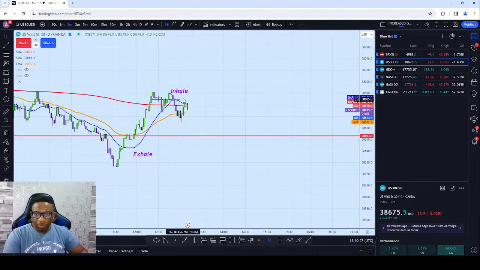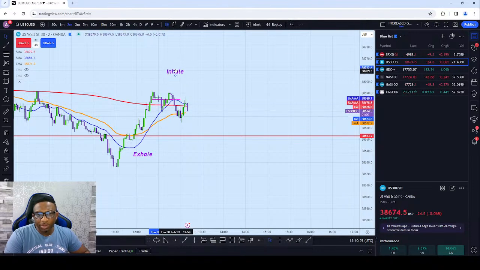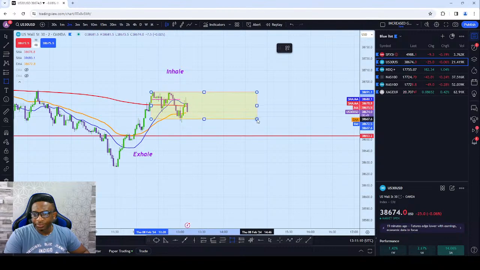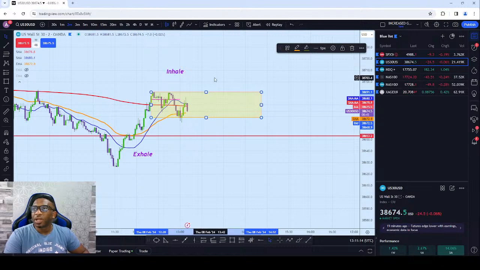Looking at what US30 is doing at the moment, it's kind of ranging. It's in a trading range. So when this happens, what you could do is just hold on a bit, let it play out, do what it wants to do.